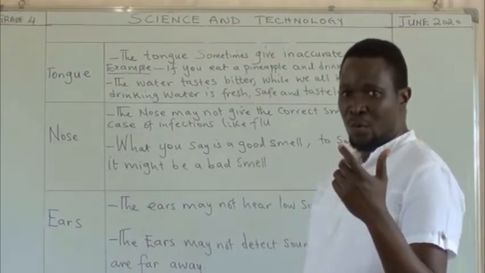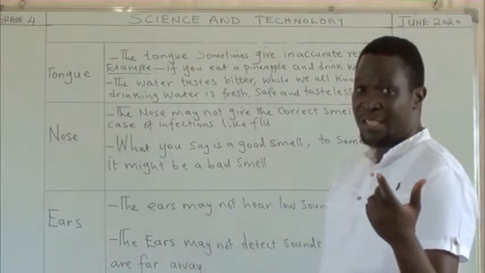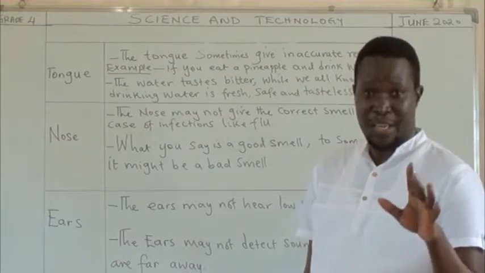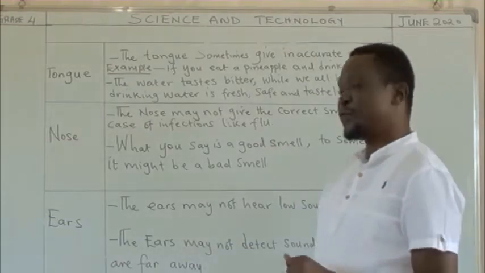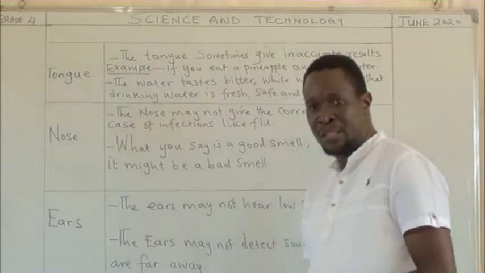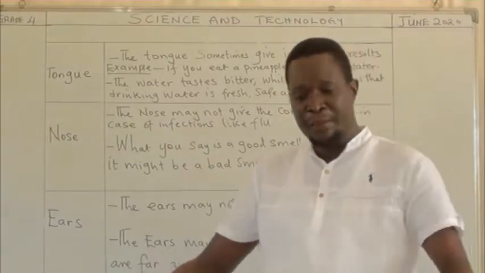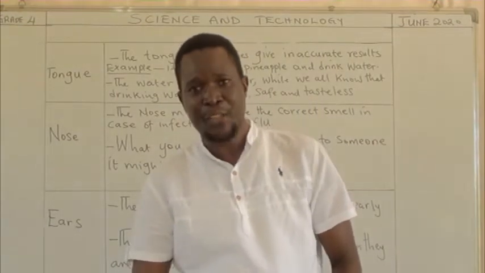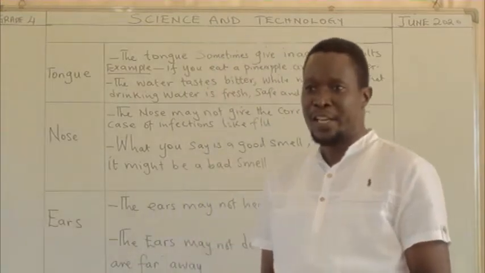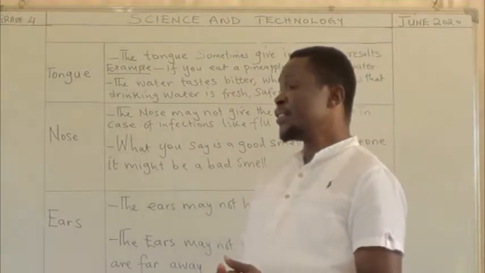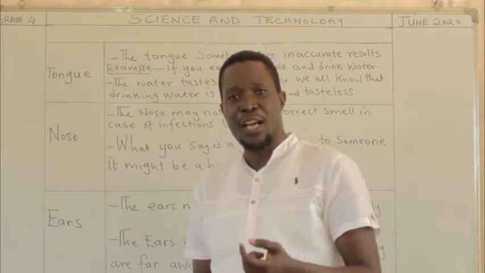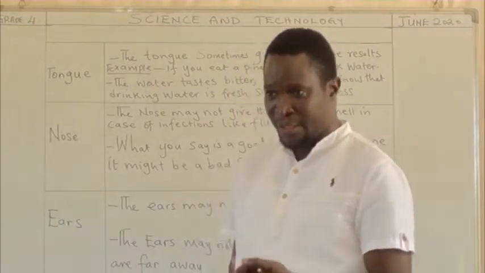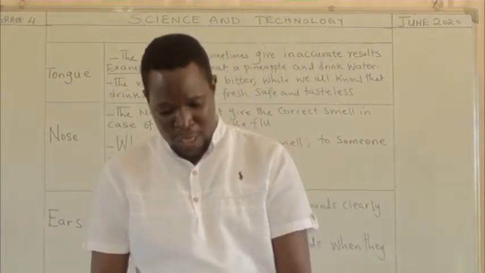So we need to understand whatever is taking place in our environment, and for us to understand it, there are 5 parts of the body that help us. These 5 parts of the body are known as the sensory organs.